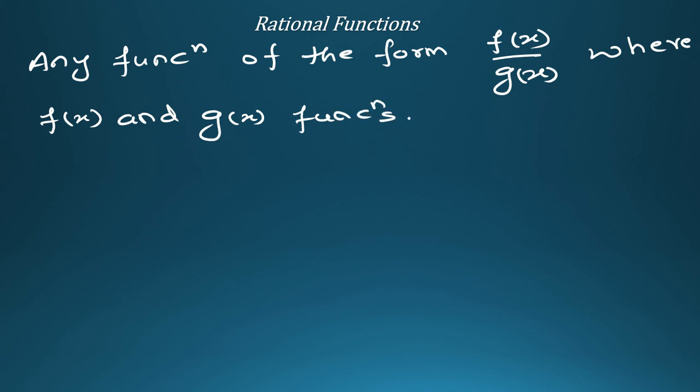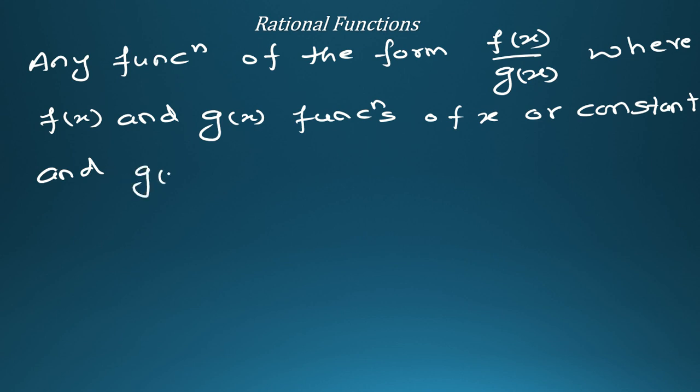Functions f(x) and g(x) are functions of x or constants. Remember this thing also, because it is not necessarily to have a variable in numerator and denominator both. Maybe any one of the numerator or denominator can be constant also, but very important condition is g(x) should not be 0, denominator should not be equal to 0.